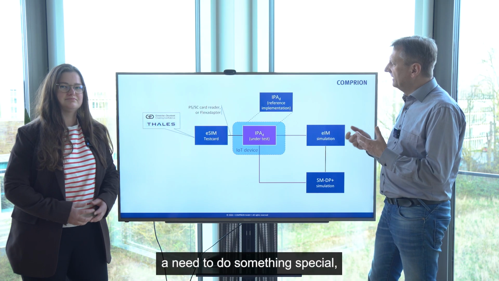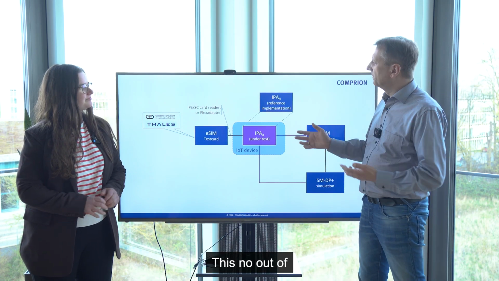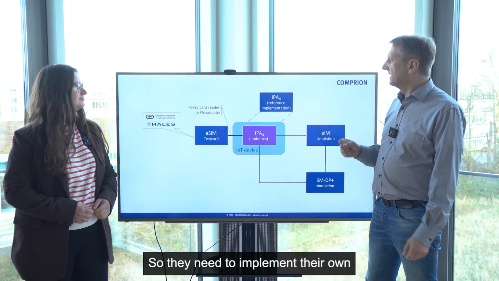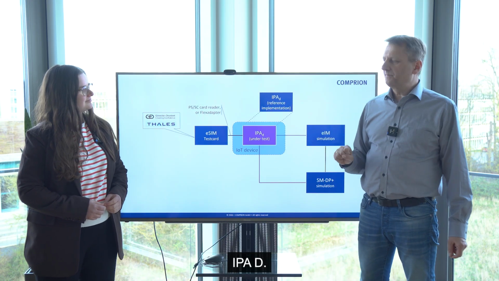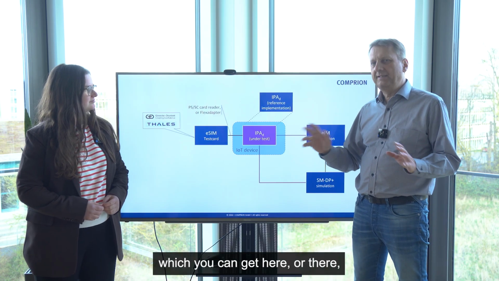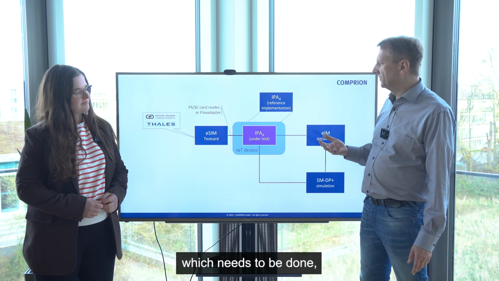They have a need to do something special, something proprietary. There's no out-of-the-box device which comes with an IPA-D available, so they need to implement their own IPA-D. Sometimes it's based on a piece of open source or on a template, but there's still some integration and customization work to be done.